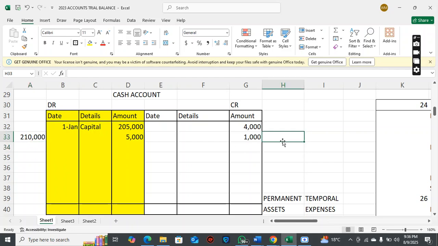Total for the credit side, 4,000 plus 1,000, 5,000. Get the total for the debit and credit. Then you see which one has the higher amount. In this case, the debit side has the higher amount. So you put the total, 210,000, at the bottom of the debit side and at the bottom of the credit side.